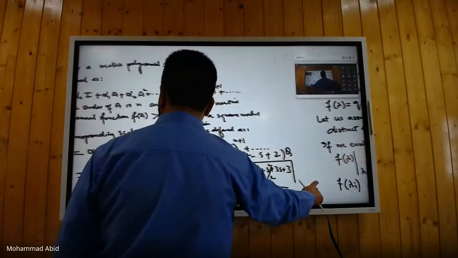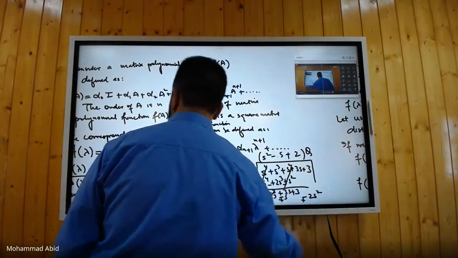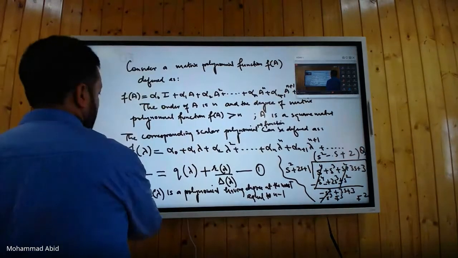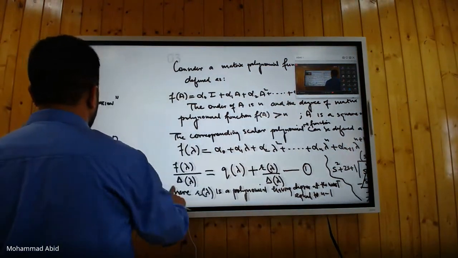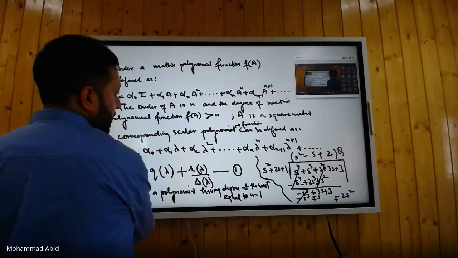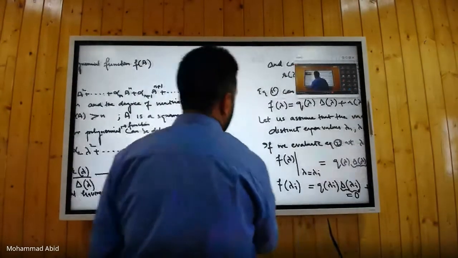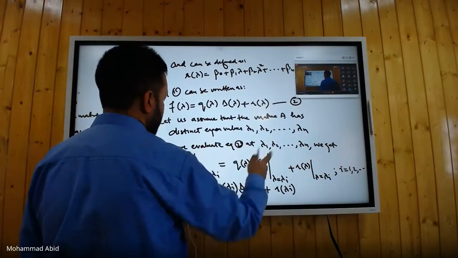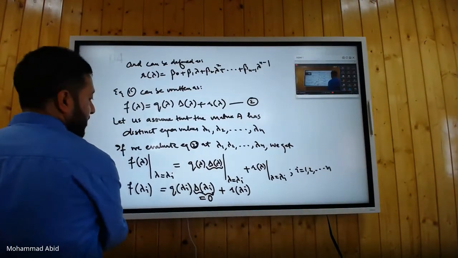ये जो मेरे पास इक्वेशन यहाँ पे थी, this one, I have an equation like this: f lambda. I've got f lambda equal to q lambda delta lambda plus r lambda. इस इक्वेशन का corresponding matrix equation क्या होगा?